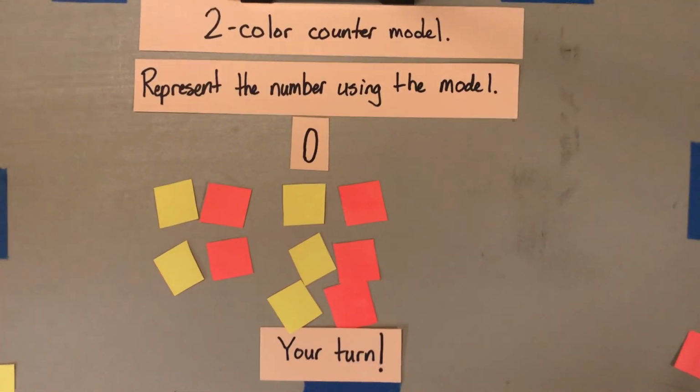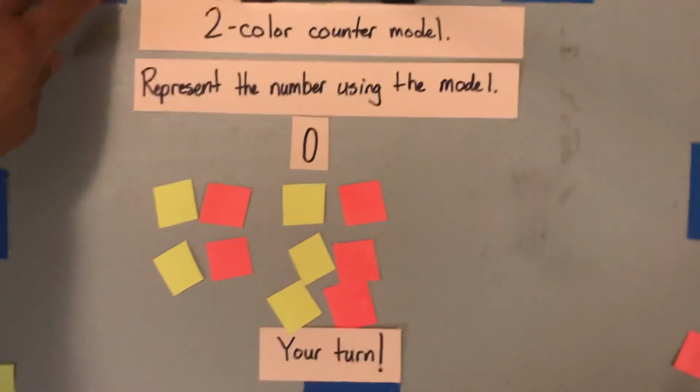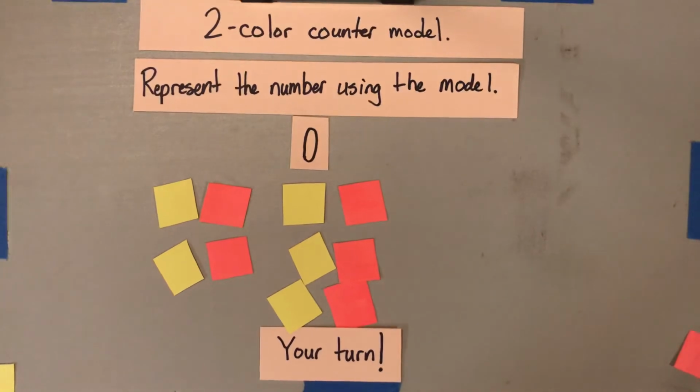Okay, so we are almost at the end. And actually, I am at the end. But you have a little bit more thinking to do. Now that we've represented positive and negative numbers using two colored counters, I would like for you to prepare for our exploration tomorrow by exploring a little bit by yourself. You'll see 5 practice problems at the bottom of your page.